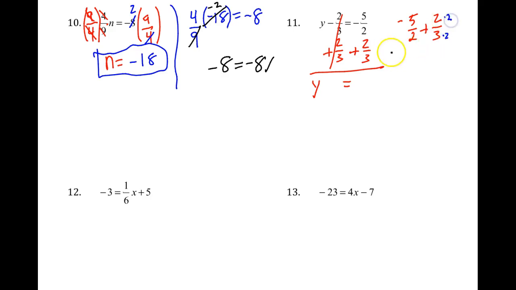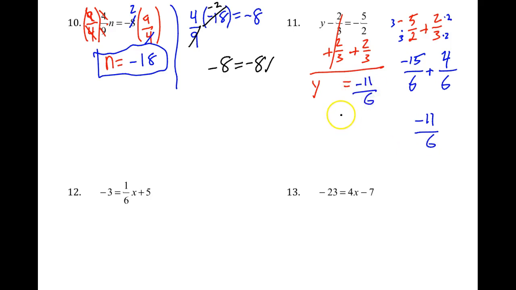So I'm going to multiply this one by 2, top and bottom, this one by 3, top and bottom. So I'll have 6 over 6. There we go. So 3 times negative 5 is negative 15. 2 times 2 is 4. And we'll have, let's see, negative 15 plus 4 is negative 11 over 6. There we go.